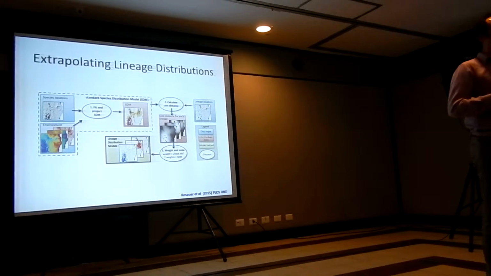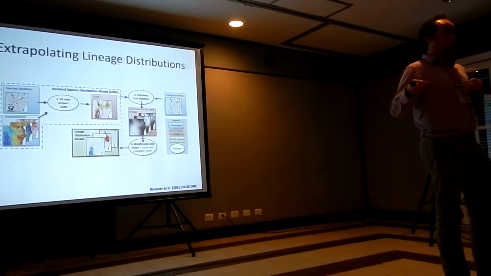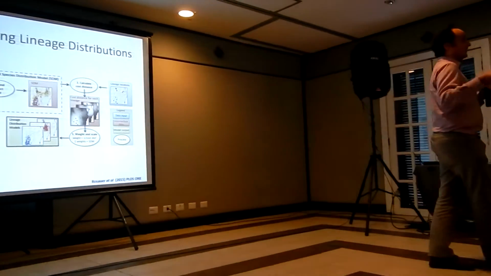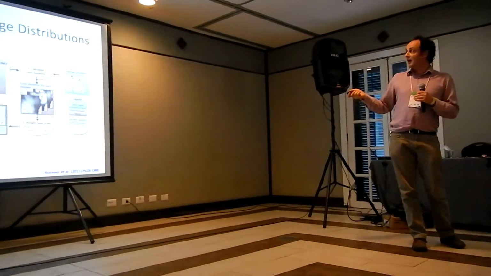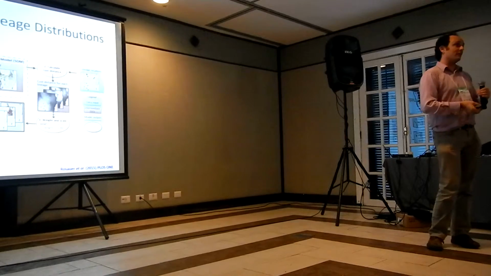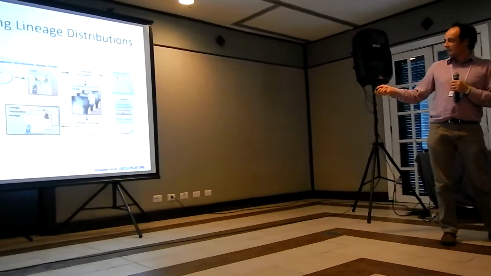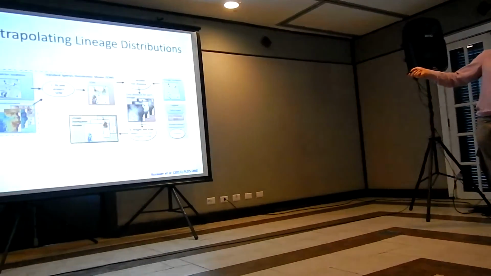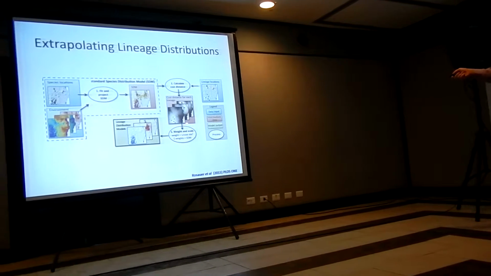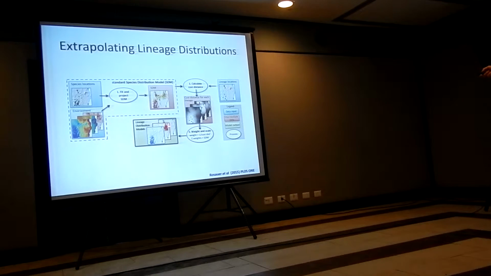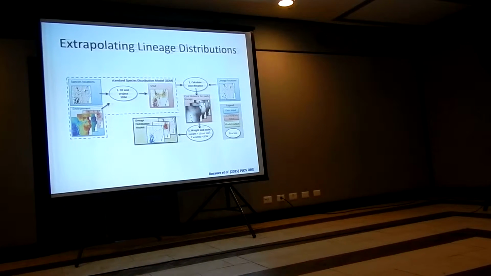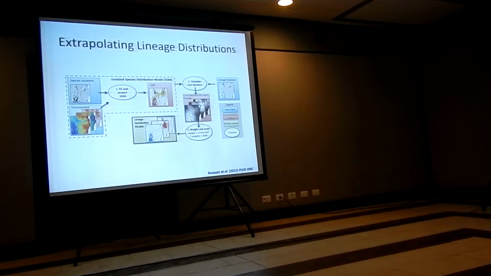And for that, we're using a cost-distance surface where the cost is habitat suitability. So what we're actually modelling is connectivity to known locations of the lineage through suitable habitat. And we come up with a cost-distance surface for each lineage, combine them using a weighting so that the models for the different lineages sum to the species distribution model.